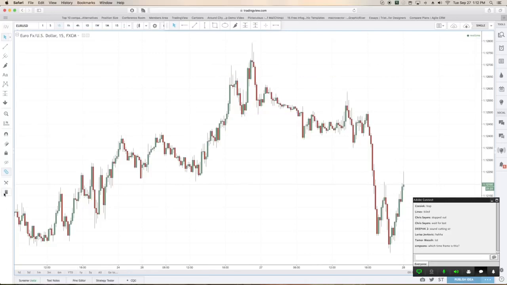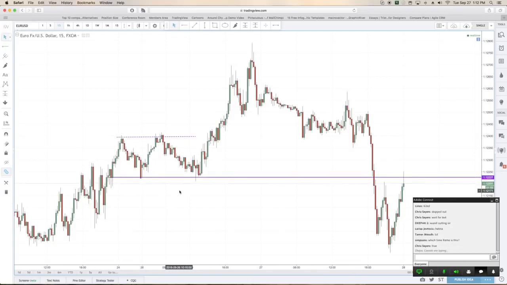Okay. Ranges. Can everyone tell me that this is a range? Is this true? Is that a range? Yeah? Okay. What if I do this?